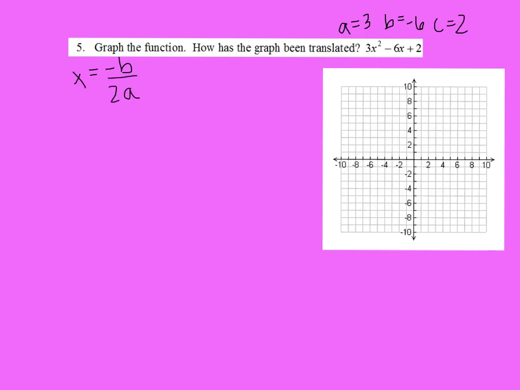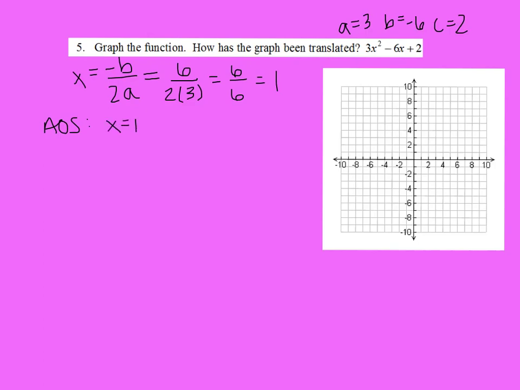So if I plug in the opposite of b, now my b is already a -6, which means when I use it, I need it to be a +6, over 2 times 3, which is 6 over 6, which is 1. So my axis of symmetry is x equals 1.